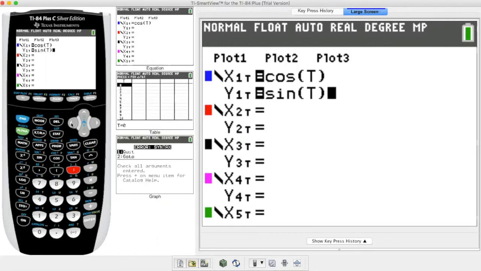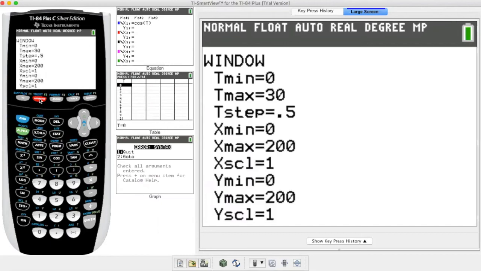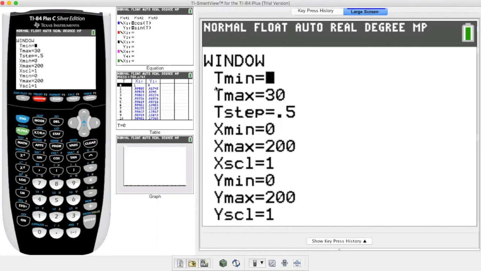Now, before we hit graph, we want to hit window, and let's think about how the unit circle behaves. So let's start with thinking about degrees, because the last I checked, my calculator was in degree mode. So T-min would start with 0 degrees. That makes sense. Go down, and let's make it go 360, which is 1 full revolution.